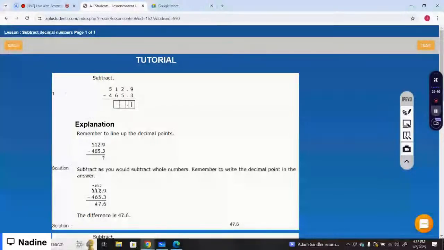You just have to line up the decimal point and you simply have to subtract like you do the other numbers.